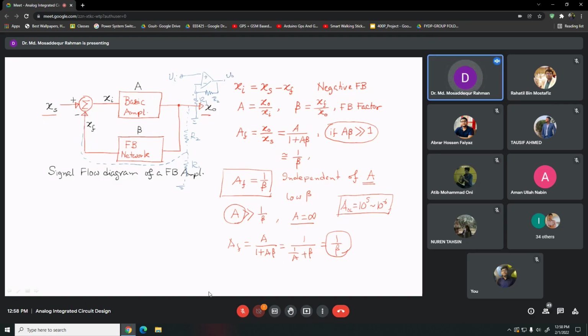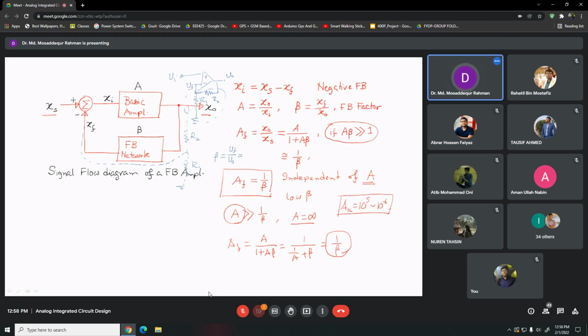And so that is our feedback network, right? This R2 and R1 is the feedback network, and that is our feedback voltage, VF, which is XF, so that is going here. Here the feedback factor beta will be VF by V naught.